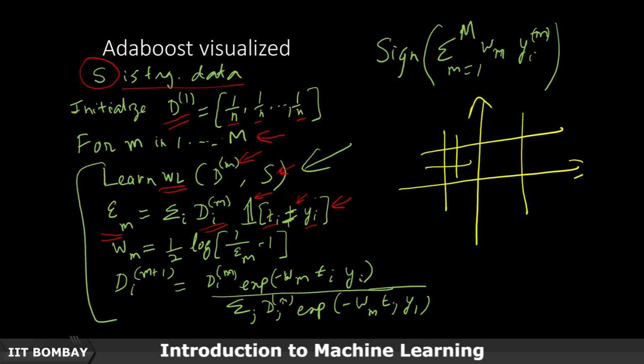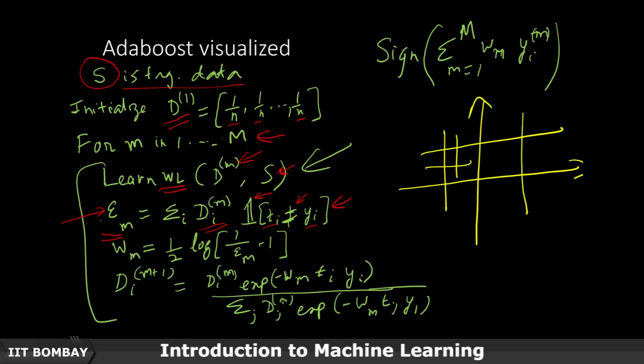So obviously when epsilon is large, that means there is more misclassification, and it is also based on the weight of the sample. So it is not just the misclassification, it is weighted misclassification, where the weight is Dim. And then we are going to compute the weight of the entire model, and that is based on a log transform.